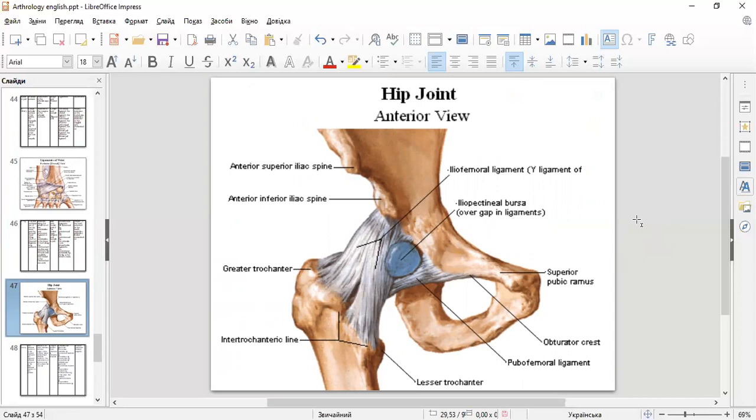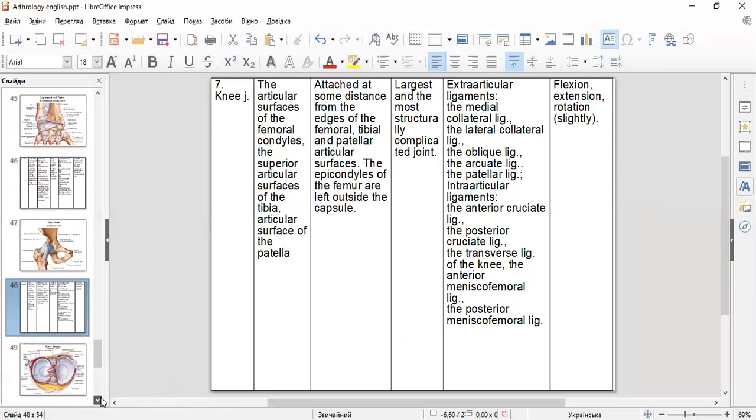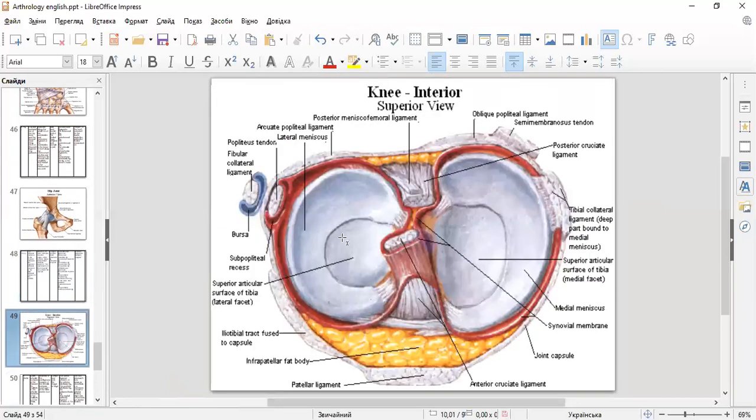Again, repeat this information about all joints. You will study it during practical class. Information about the knee joint with picture.